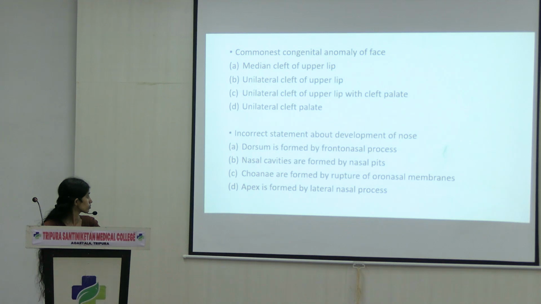C, the nostrils are formed by rupture of common nasal membranes. D, the apex is formed by medial nasal process. So what is the wrong statement about the development of nose structure? Which option? Okay.